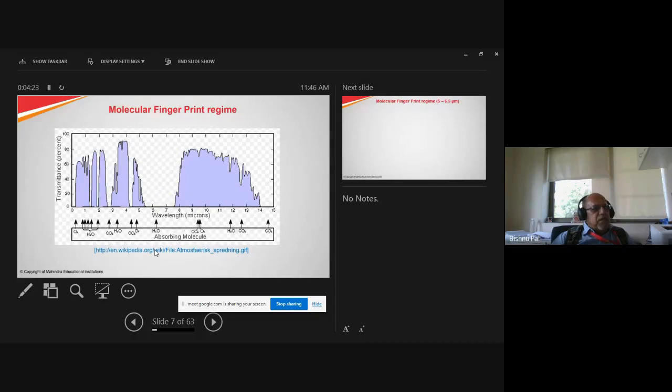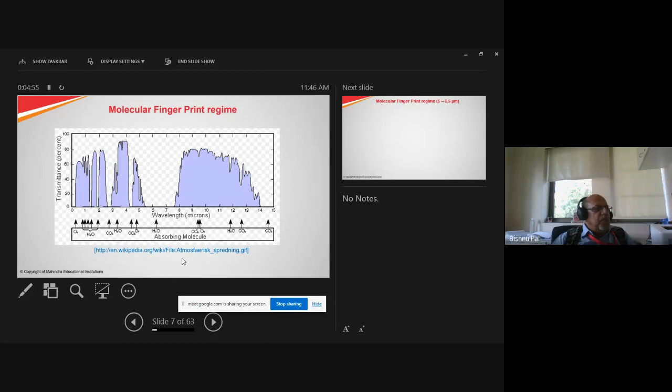If you see this particular figure, which shows the transmittance in percentage against wavelength, you can see there are some arrows drawn below the figure, which are identified with certain molecule names. So oxygen, water, CO2, etc. These wavelengths correspond to strong absorption by the absorption coefficient of these molecules.